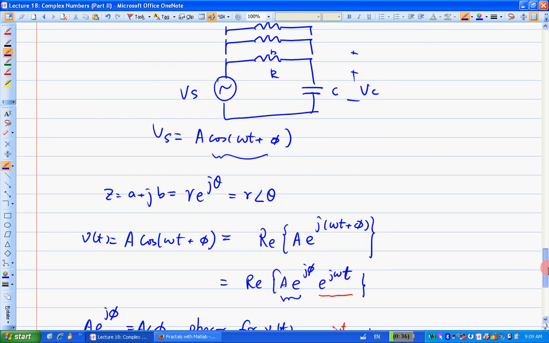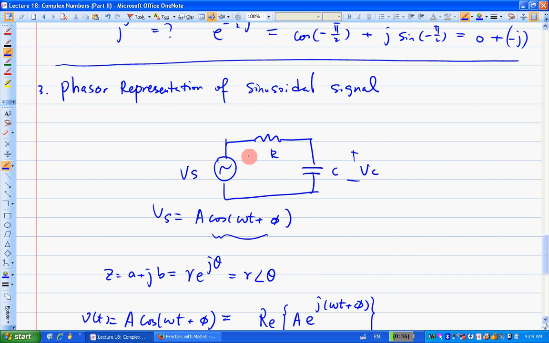If I go back to the circuit, as you know, this is a so-called linear circuit. In 246, we have the differential equation for this RC circuit. This is a linear circuit if R and C values are not changing, so this is going to be an LTI system.